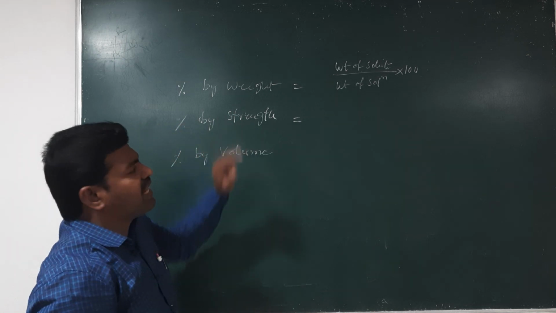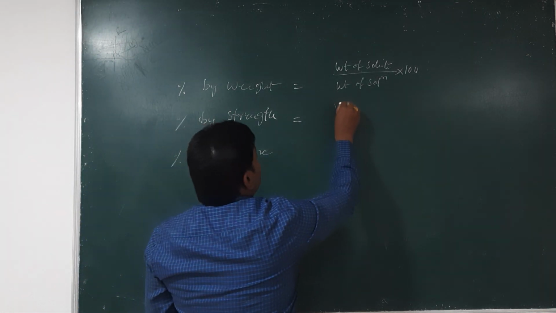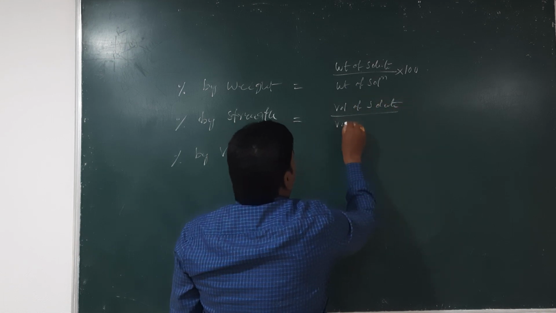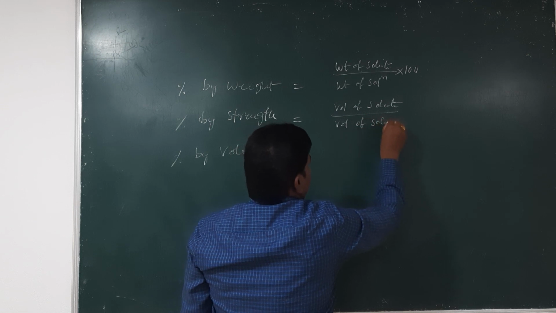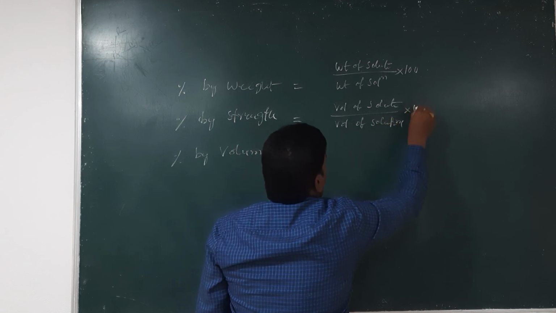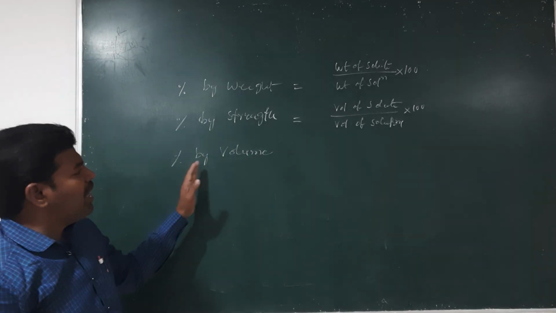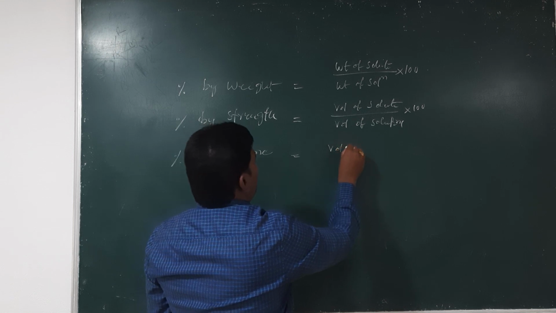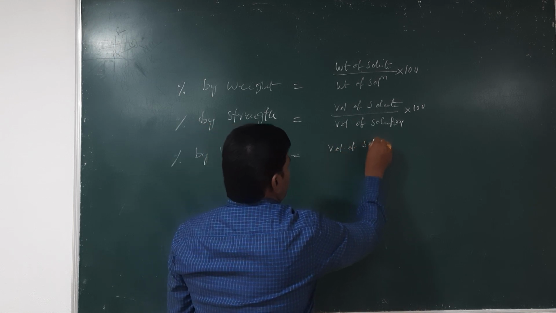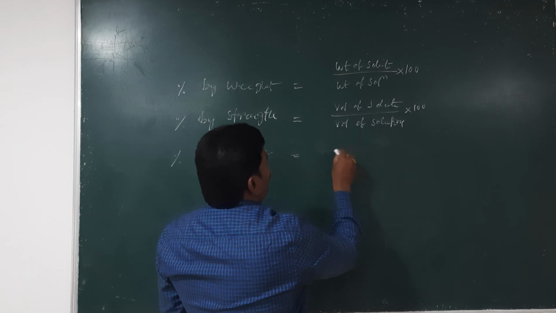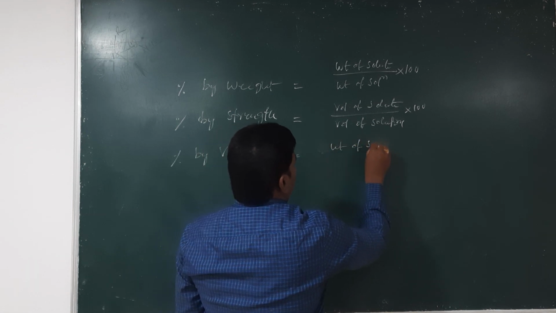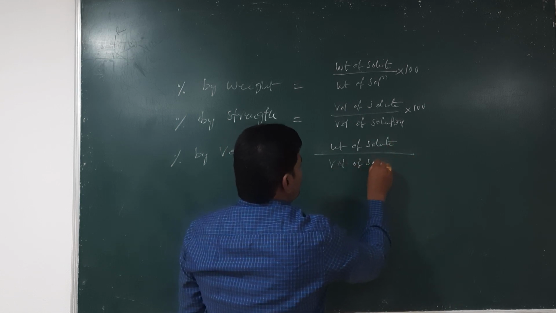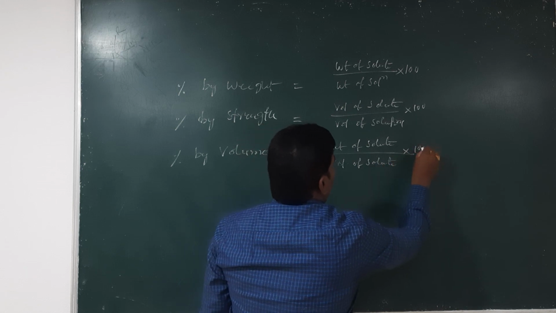Percent by strength is volume of solute by volume of solution into 100, and percent by volume is weight of solute by volume of solution into 100.